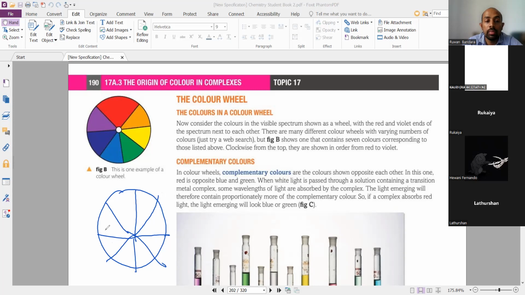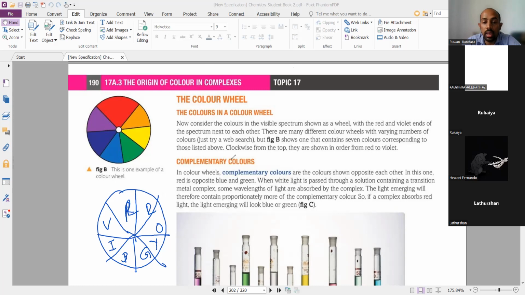Then the rainbow colors. R and 2 become R, that's it. So 2 R's are there. That's all you have to do. So this is the color wheel.